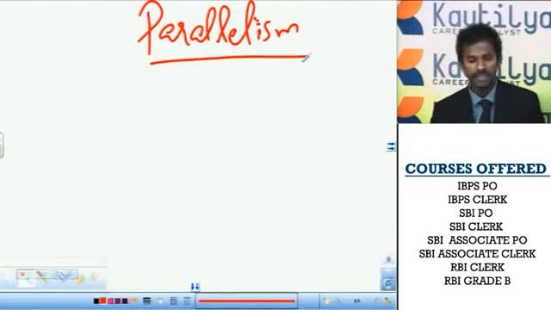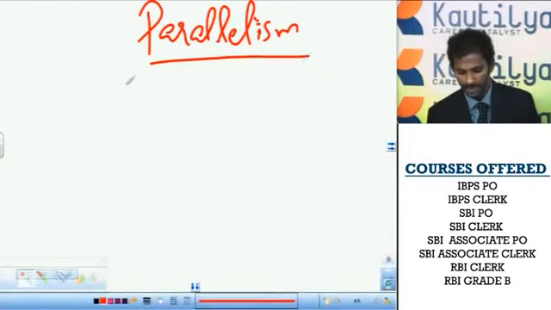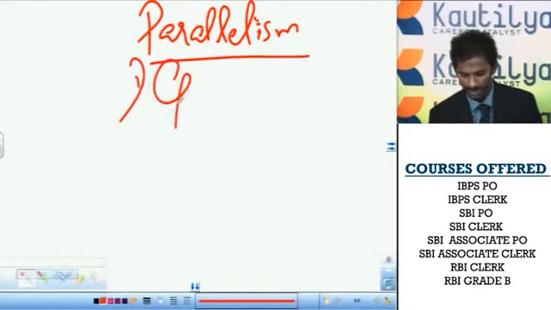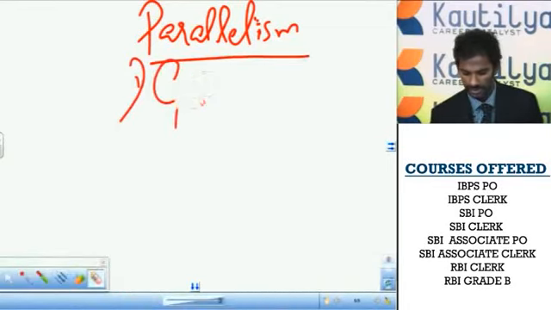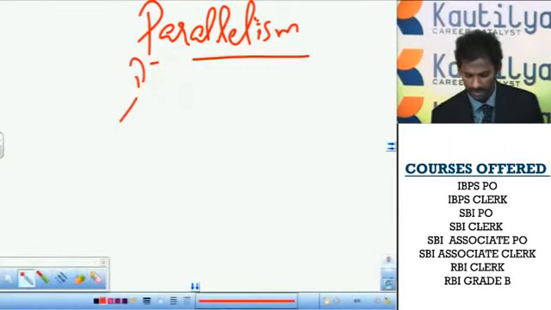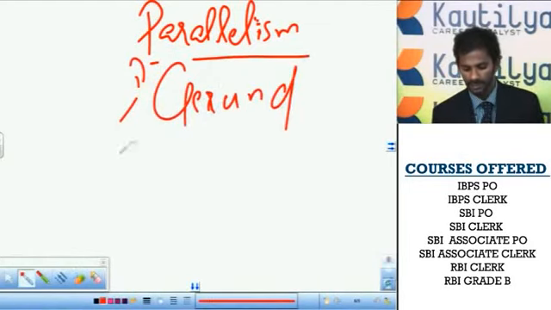The very first concept in parallelism is gerund. We have already discussed what a gerund is. Second concept is infinitive.